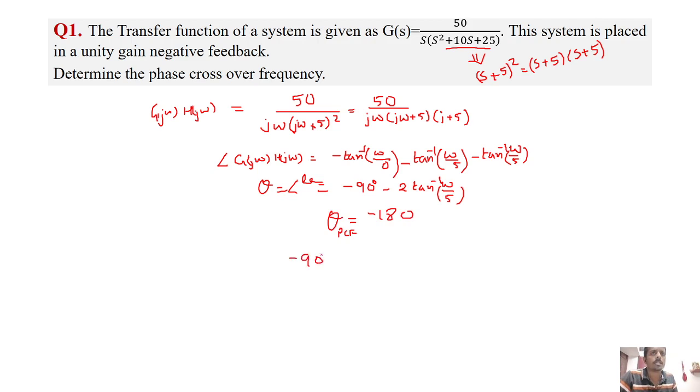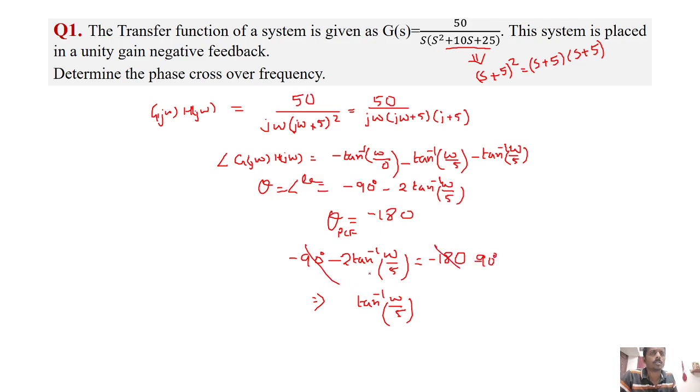So minus 90 degree minus 2 tan inverse omega by 5 equal to minus 180. So that is tan inverse omega by 5. So this cancels off, so it will be 90, right? Minus 90.